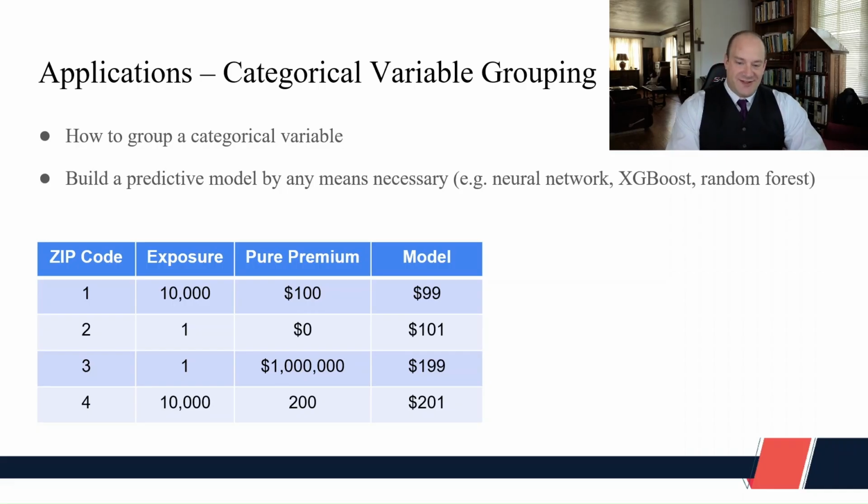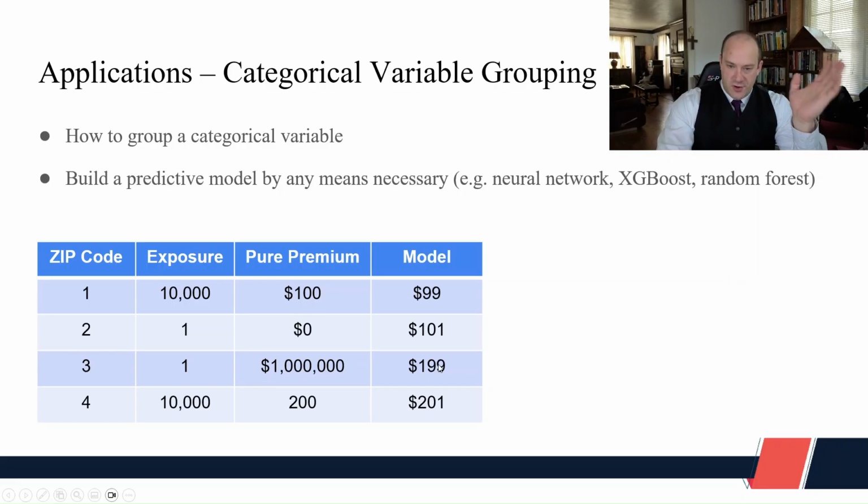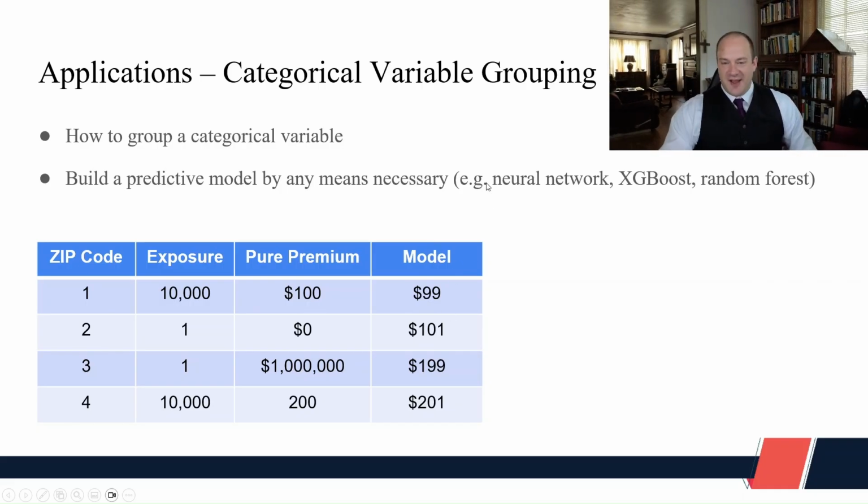And what that will allow you to do is order the values of your categorical variable. So you can summarize to the level of your categorical variable, whatever it is, zip code, county, VIN, or make model, something like that. And your model is going to tell you how to order all of those things.